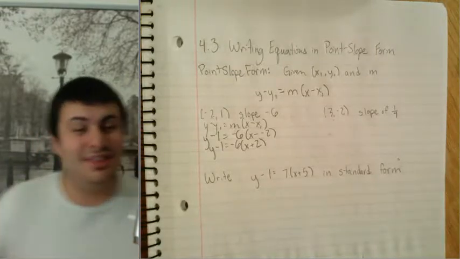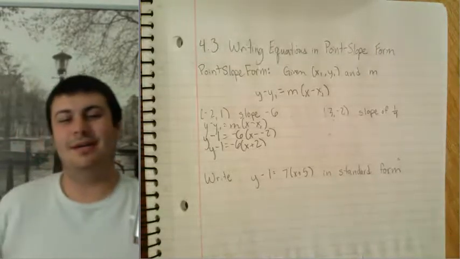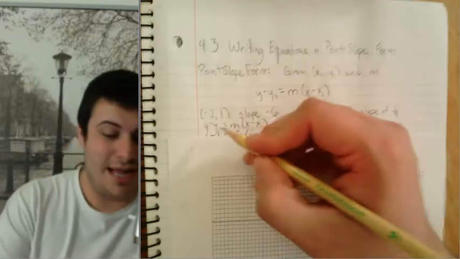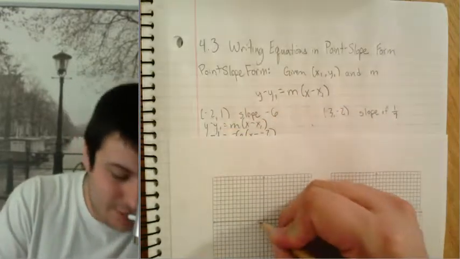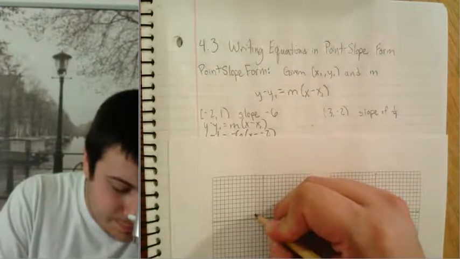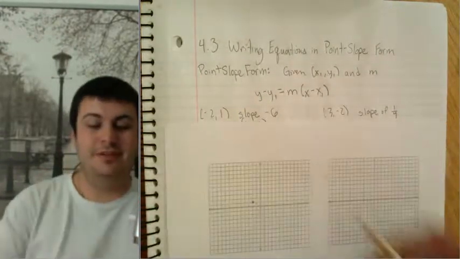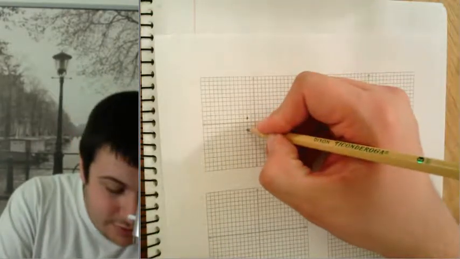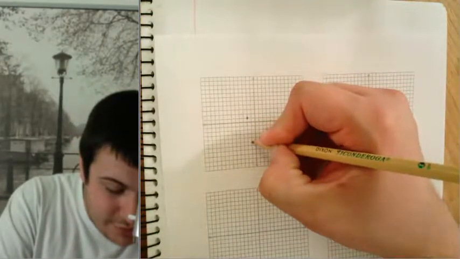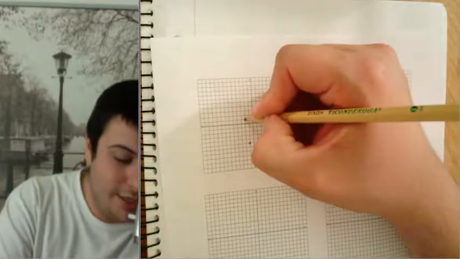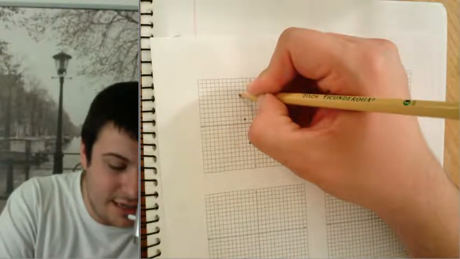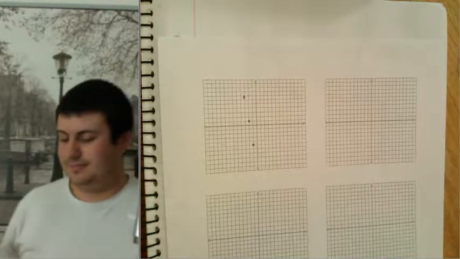Now, to graph this, I'm not going to go to a y-intercept like I would in slope-intercept. What I'm going to do is on my graph, start at that point, -2, 1, and move in a direction of slope of -6. So I'm going to go down 1, 2, 3, 4, 5, 6, and over 1. Or I could go up 1, 2, 3, 4, 5, 6, and -1 there.